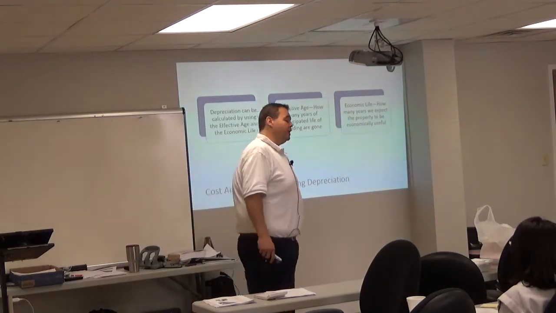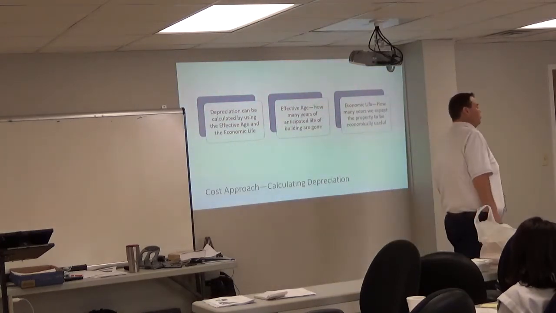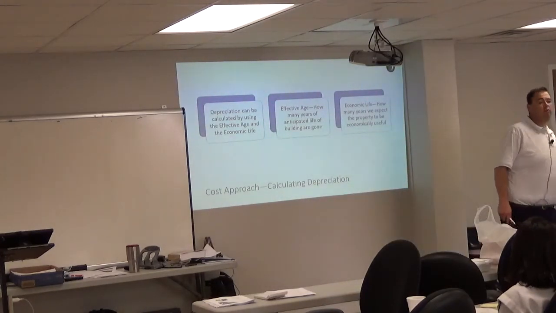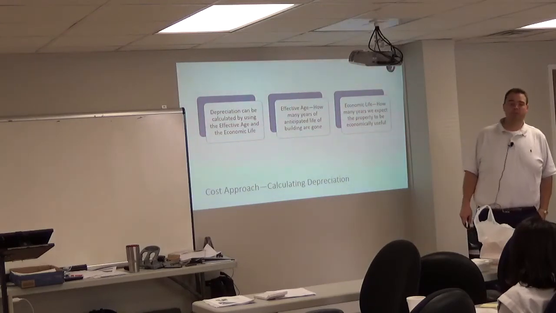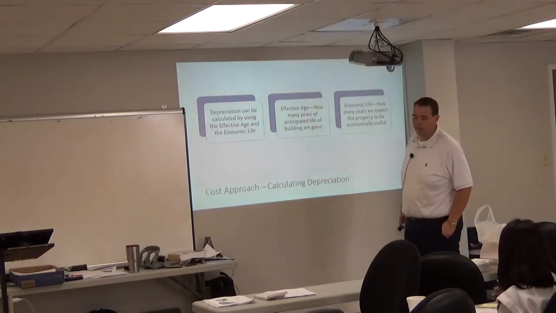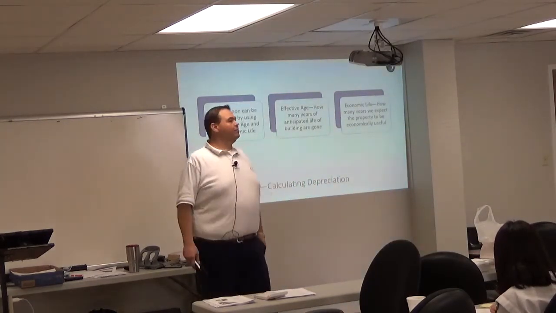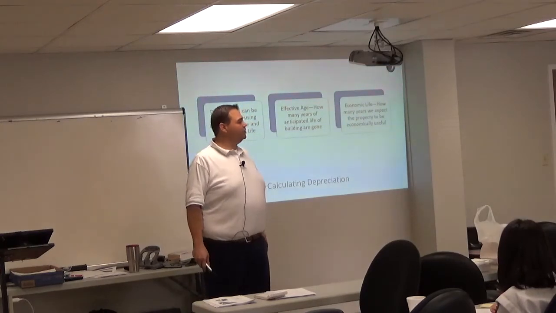The effective age and the economic life. I want you to write down something. By economic life, I want you to put down it's a fuel gauge. It's a gas gauge.